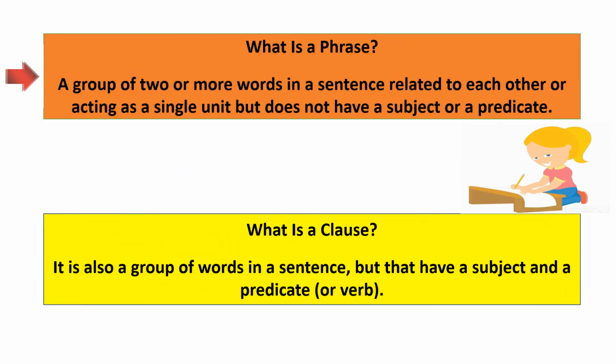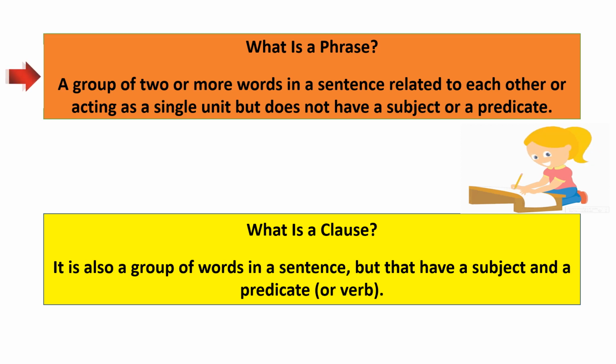So dear students, a phrase is basically a group of two or more words in a sentence related to each other or acting as a single unit. That can be a noun phrase, a prepositional phrase, an adverbial phrase, or an adjectival phrase as well, but it does not have a subject or a predicate.